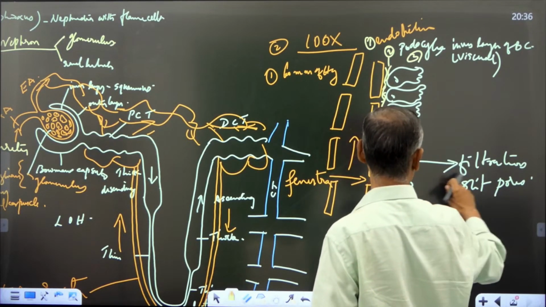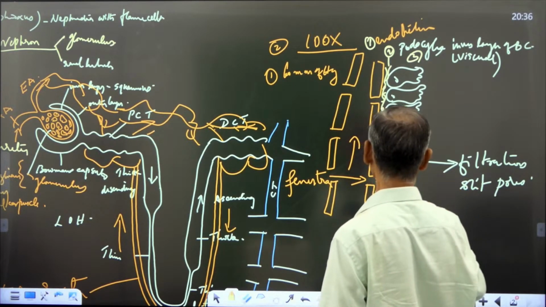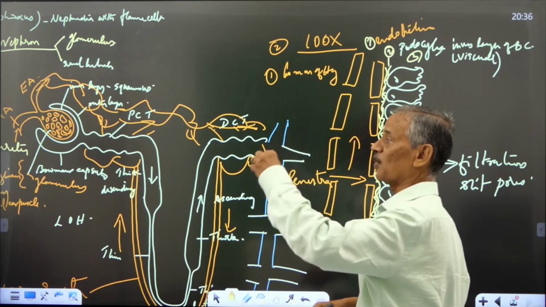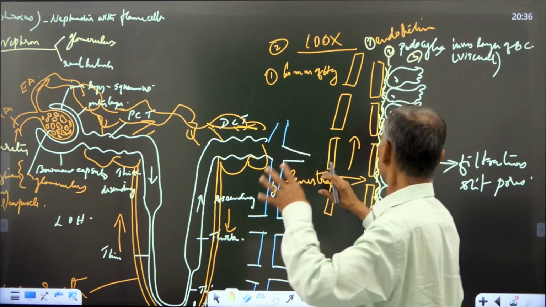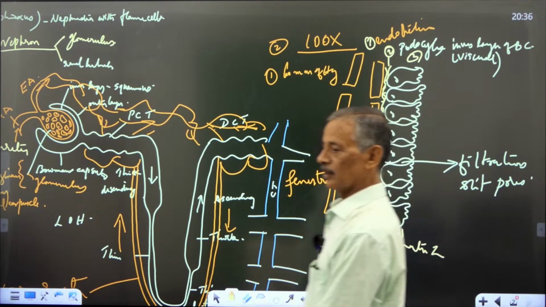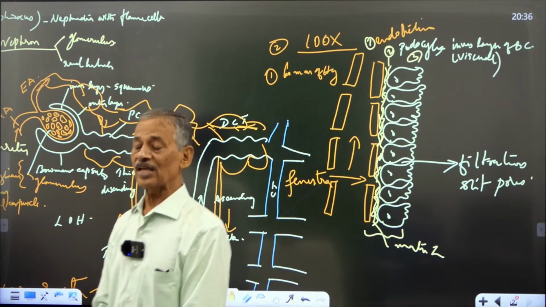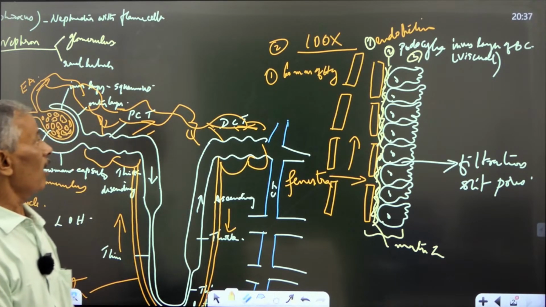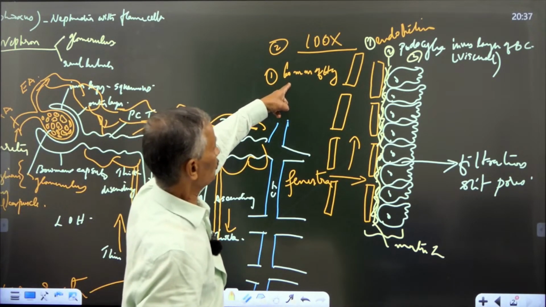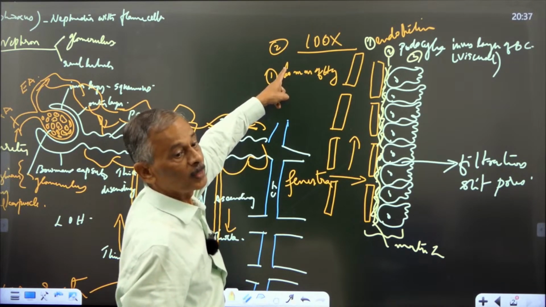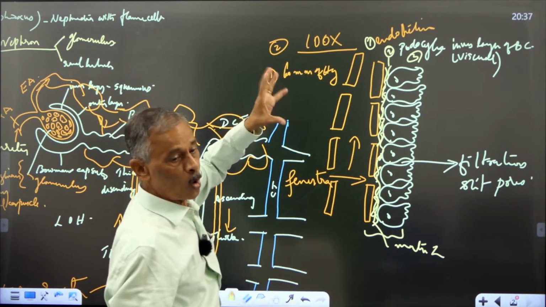Because of the presence of slit pores or filtration slits, almost everything in the plasma, the liquid part of the blood, is filtered out. So, the 2 factors that help in this filtration are 1, pressure, 2, the presence of pores.